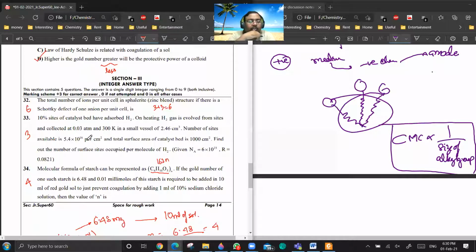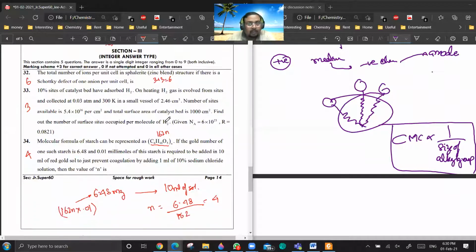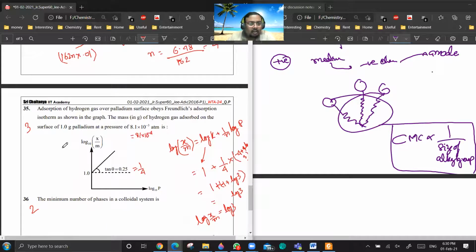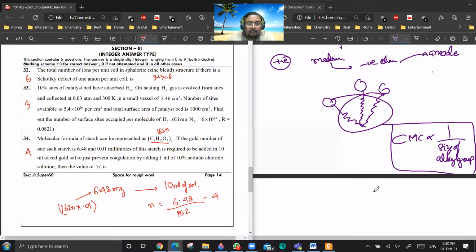In 32? No, I am talking about 32. Is 32 a doubt? No, sir. Okay. Always remember in Schottky defect, an equal number of cations and anions are removed. Okay. 35, 36, no doubt, sir. Okay. So only 33 and 34 are doubts.